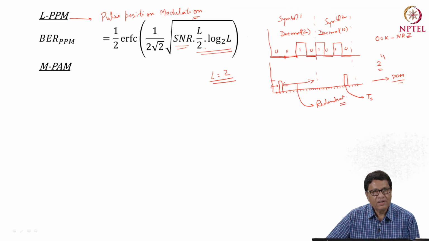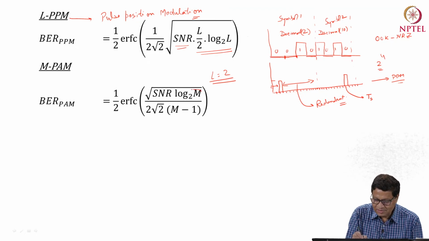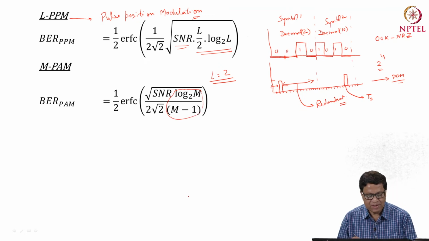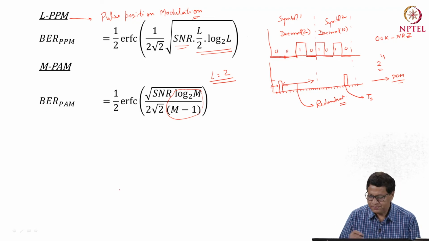And for M-ary PAM system, this is given by half error function of SNR, and then you have this additional factor log 2M divided by M minus 1. So this is the expression for BER of PAM.